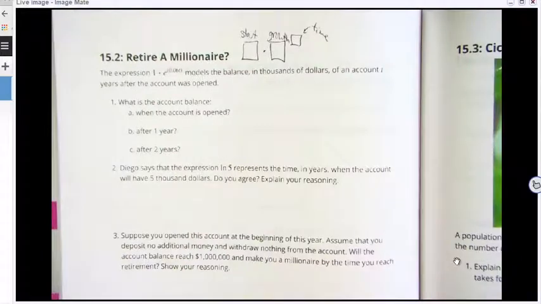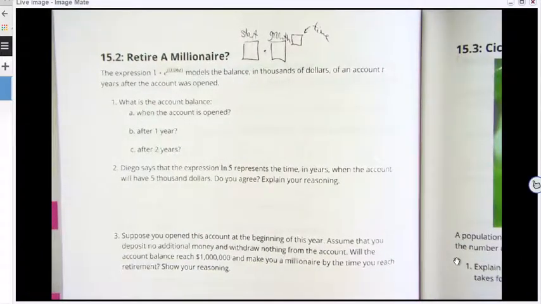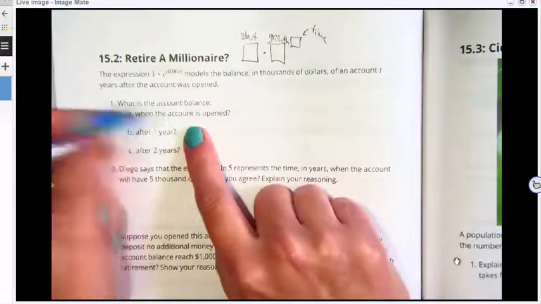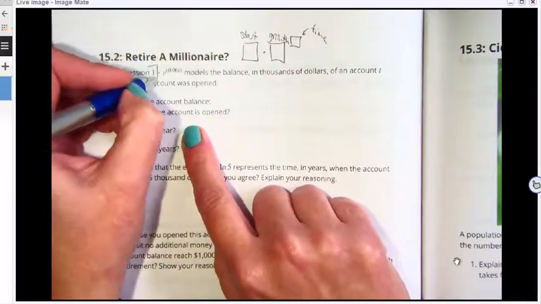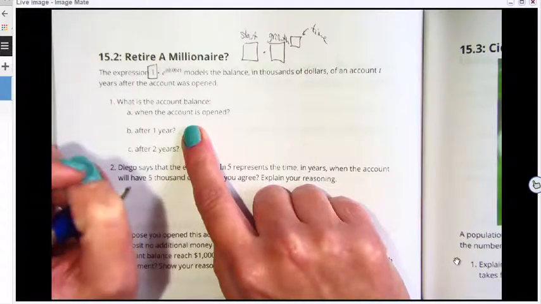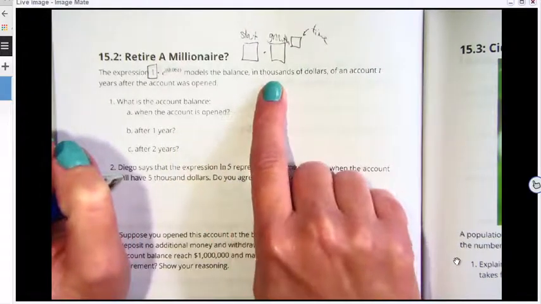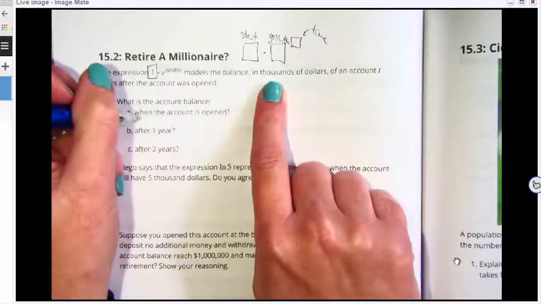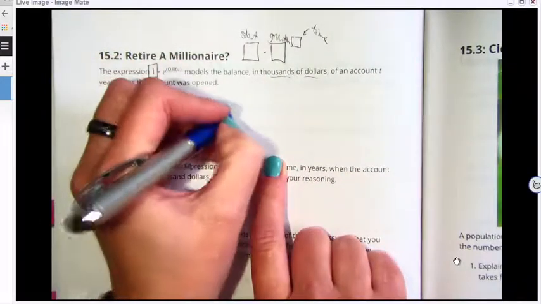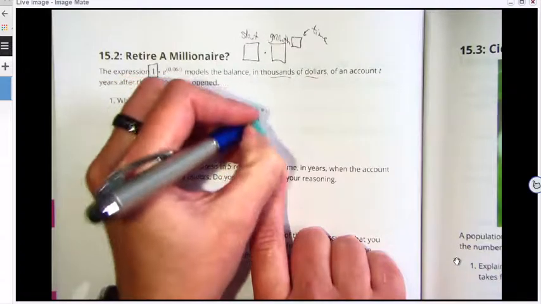That has been our general format for all of our equations. So when I look at how much is in the account when it was opened, there's our starting value right there. But it's not just $1. Remember, this is in thousands of dollars. So because it's in thousands of dollars, the account was opened with $1,000 to begin with.